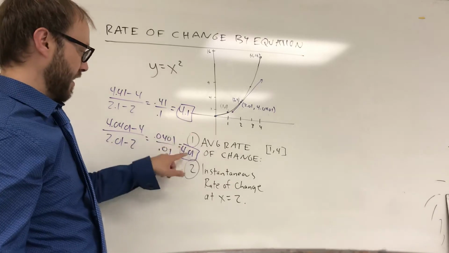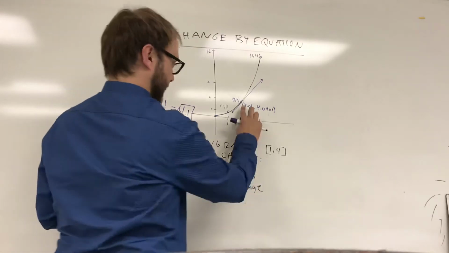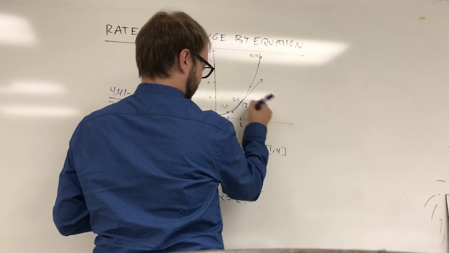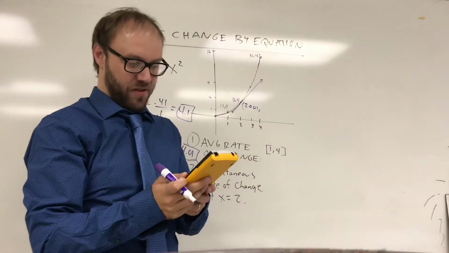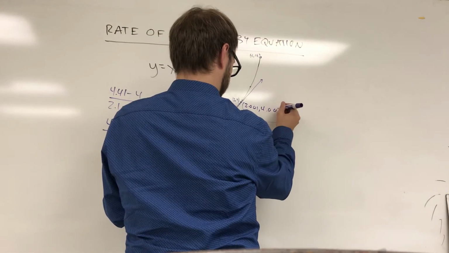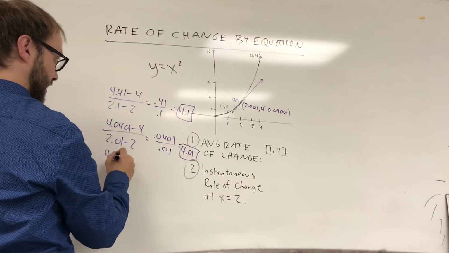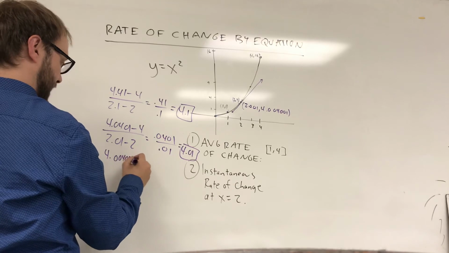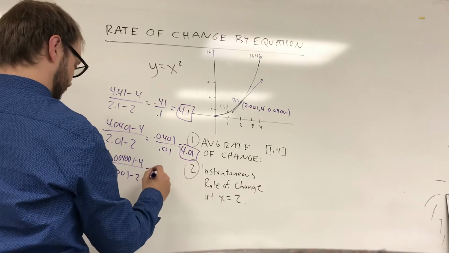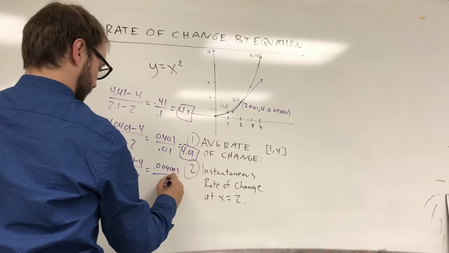So if we pick points a little bit closer, notice we get an answer that's a little bit closer to 4. And in fact, I could take this even a step further. I could pick a point like 2.001 and put that into the function. 2.001 squared is about 4.004001. Okay, so I could take 4.004001 minus 4 over 2.001 minus 2, and I would get 0.004001 over 0.001.